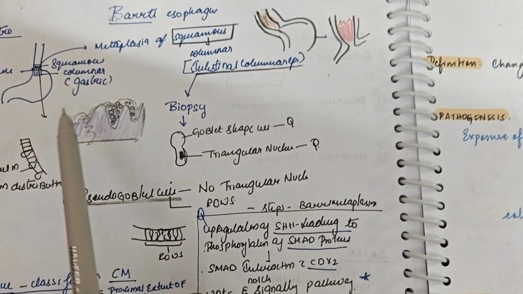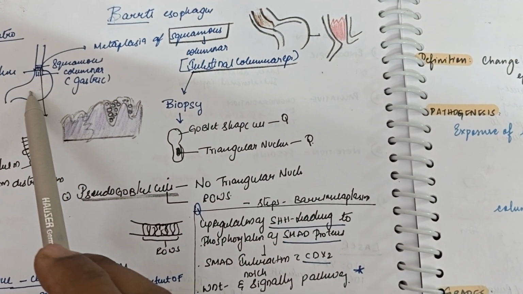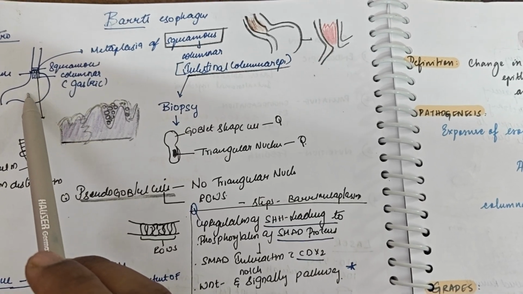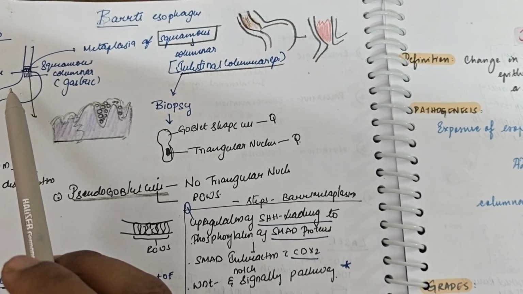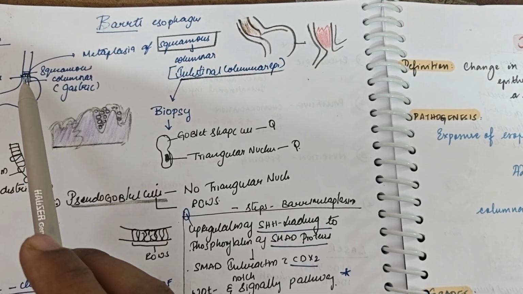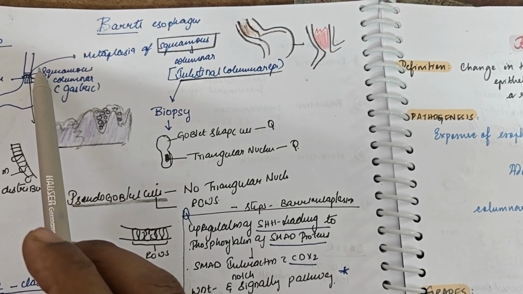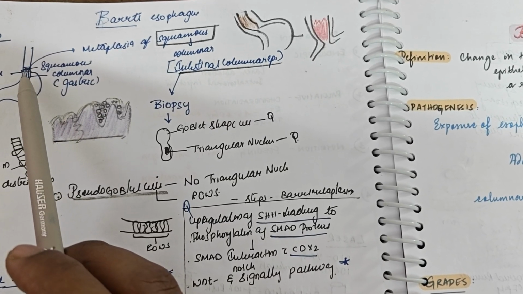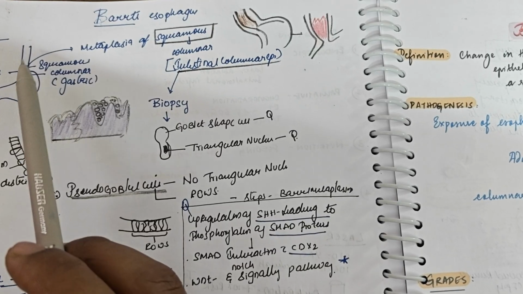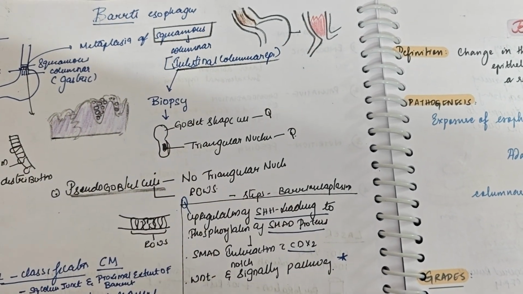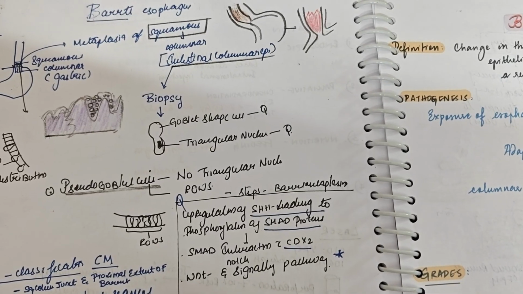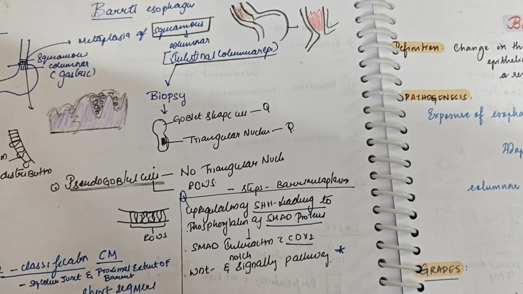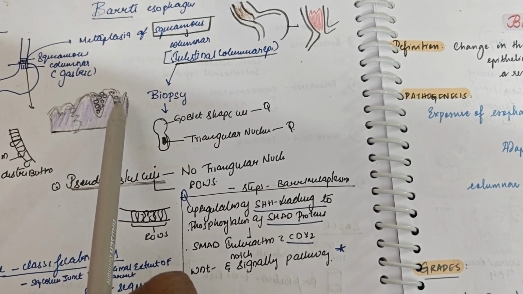Now what happens here is, because of the continuous reflux from the stomach into the esophagus, because of any pathology, the squamous epithelium undergoes metaplasia, where the squamous epithelium gets converted to columnar epithelium.